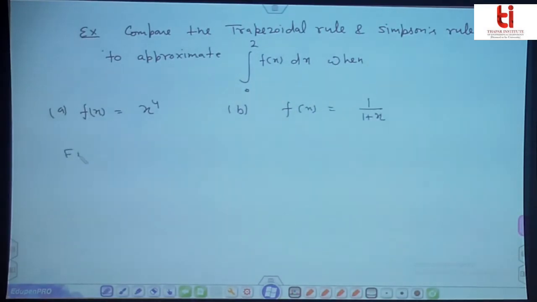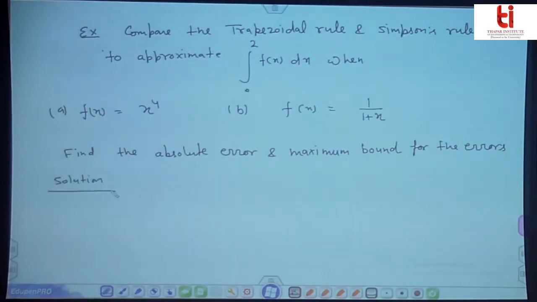Also find the absolute error and the maximum bound for the error.